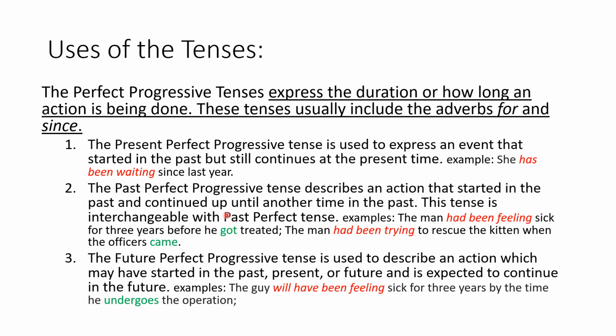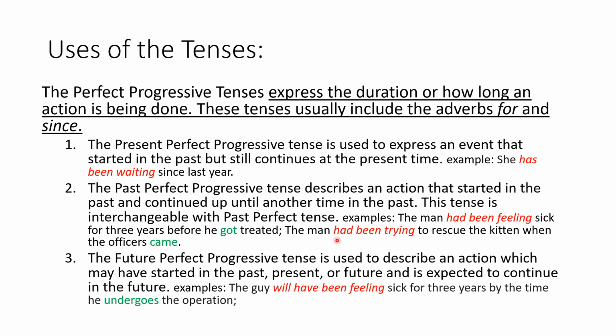Look at the example. This verb is also in its simple past form. The action of feeling sick here is signaled to be something that occurred in the past, and it continued still up until another time in the past.